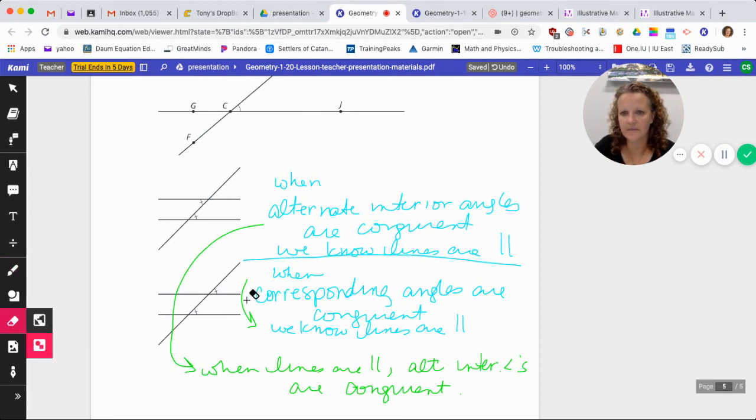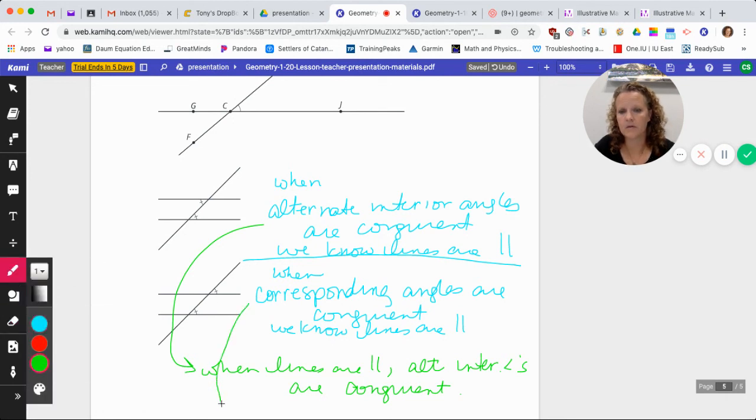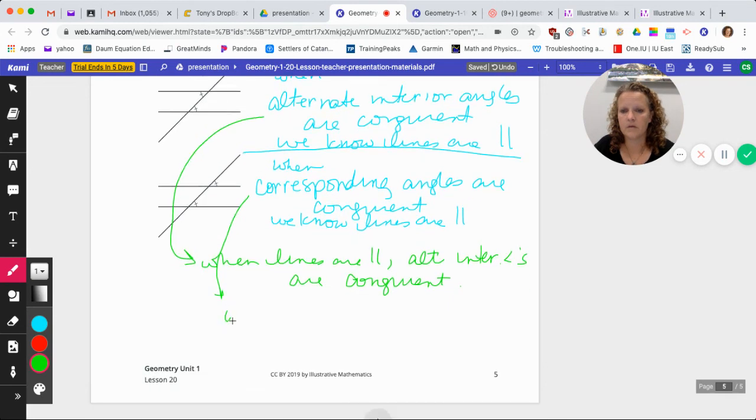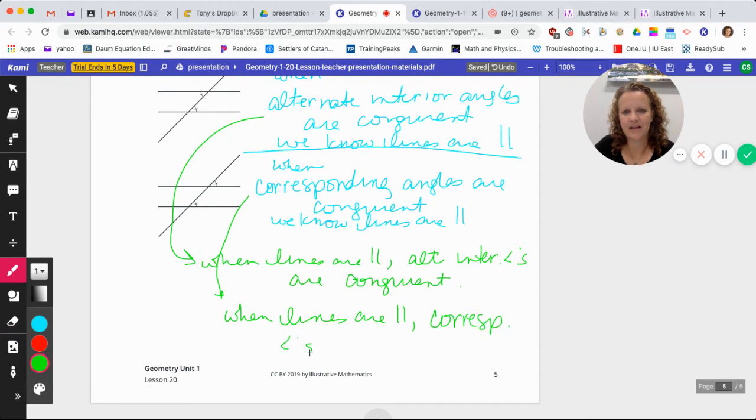And then I can also say when lines are parallel, alternating interior angles, no. When lines are parallel, corresponding angles are congruent. Okay, flip side, converse. All right, that was it for today. Good job.